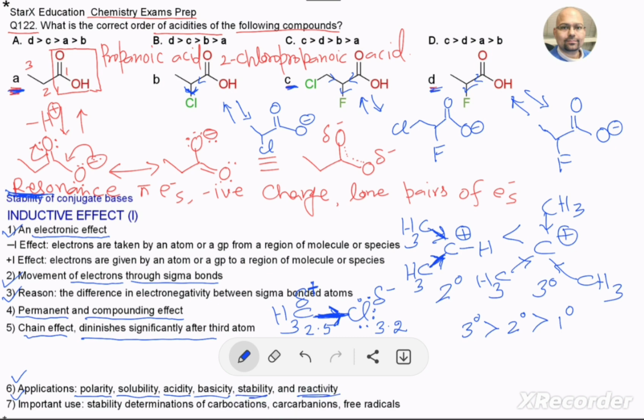We know that the stability and reactivity are inversely proportional. So something that is more stable will be less reactive, and a compound or species that is less stable will be more reactive. So we can determine the stability of carbocations, just as we saw in this example here. Similarly, we can describe the stability of carbanions and also free radicals. The stability order of free radicals is similar to the carbocations.